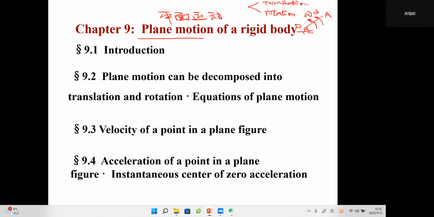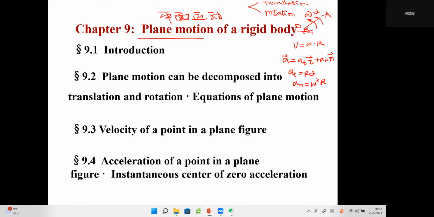Then for a point on this rigid body, its V will equal omega r, its A will have a tau component on the tau direction and an n component on the n direction. And our a tau will be r alpha, and our a n will be omega squared r. And here this r means the point's distance from the rotation center.